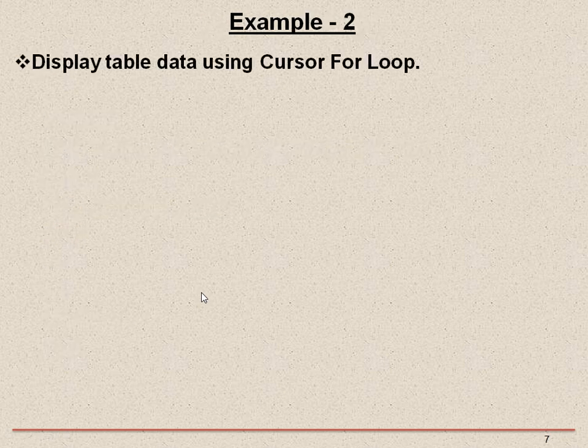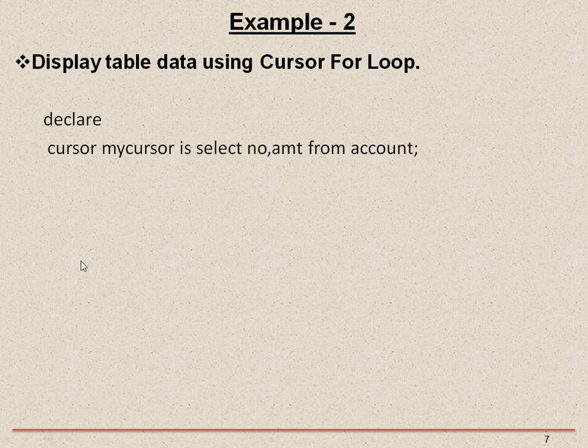Here the definition is: display table data using cursor FOR loop. So first the declaration section, where we are displaying the same table information. Your cursor name is my_cursor, which is select number, amount from the account table, and then the begin section. Now for your cursor, you don't worry about opening and closing the cursor.